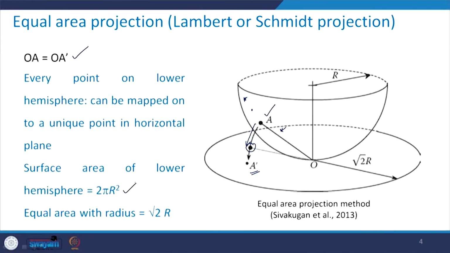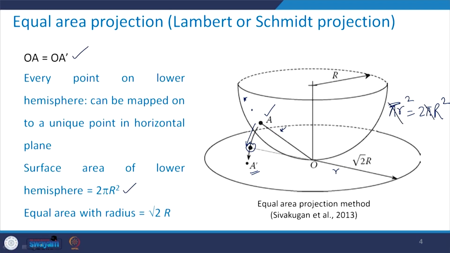Now, see, the surface area of the lower hemisphere is 2 pi r square, and let us say the radius of this circle on the horizontal plane is small r. So, what we do is equate the area of this horizontal circle to the surface area of the lower hemisphere. See what that will be: pi r square equals 2 pi R square.